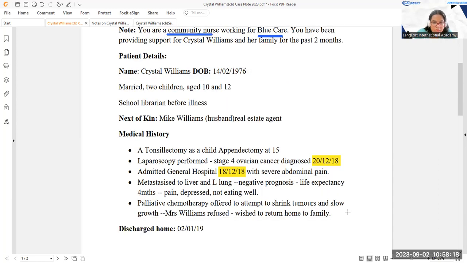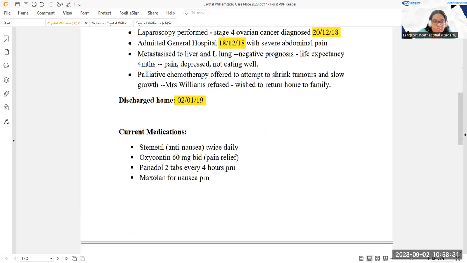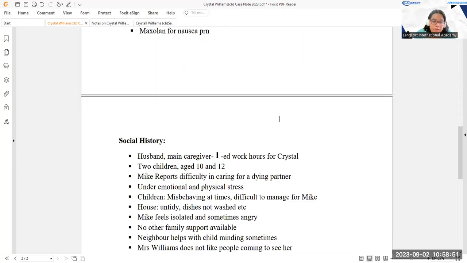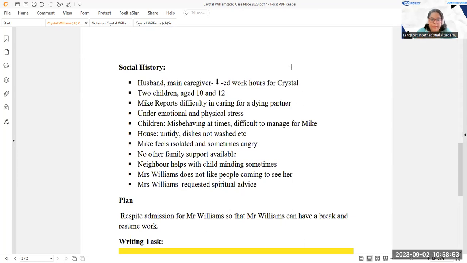Go through the discharge date as well. Now go through her current medications. Go through social history and plan.